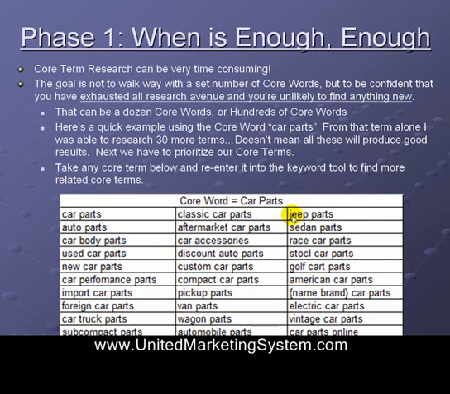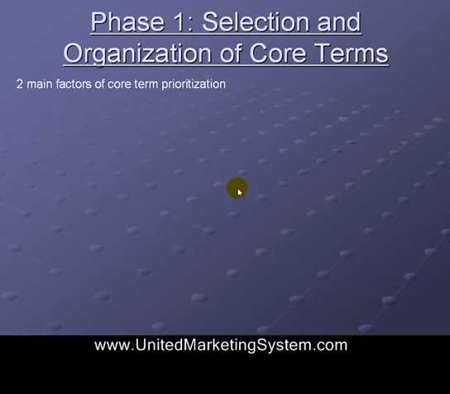For example, I have Jeep parts right here. I'll plug Jeep parts back into the keyword analysis, and on my Excel sheet, I would have Jeep parts on top, like I have here, and then all the sub-core words that relate to it underneath it. So I can start separating all my core terms and then sub-core terms. You can go as deep as you want to start figuring out the categories you want to optimize for. So that's pretty cool.